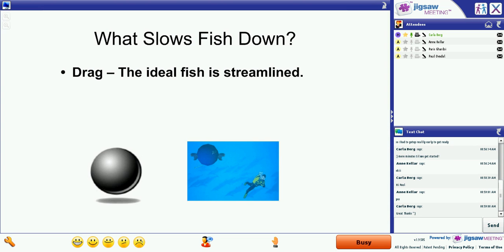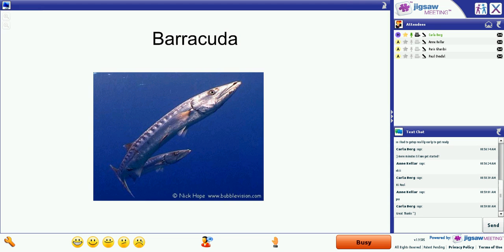This picture here of the diver with the fish that looks like a ball, that is not a streamlined fish. He is using lots of energy to move. The barracuda, whose picture is right here, is a very streamlined fish.